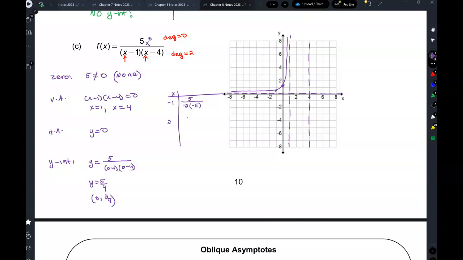Now let's plug in a 2. When you plug in a 2, you get 5 over 2 minus 1, which is 1, and 2 minus 4, which is -3. So -5/3, -1 2/3.